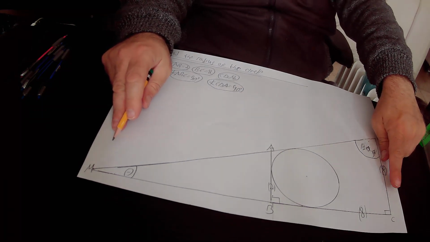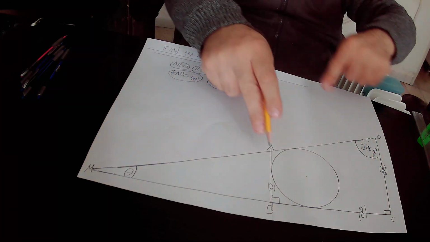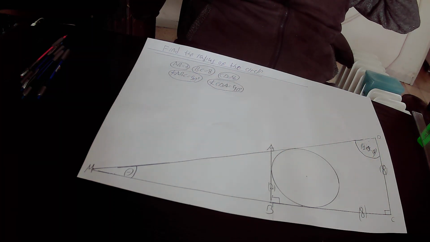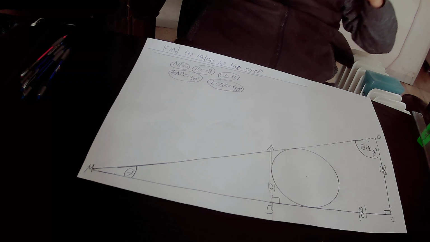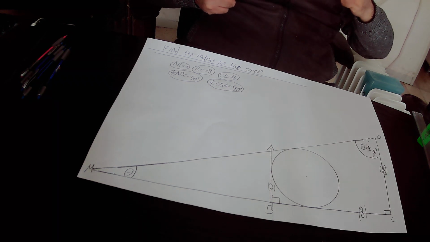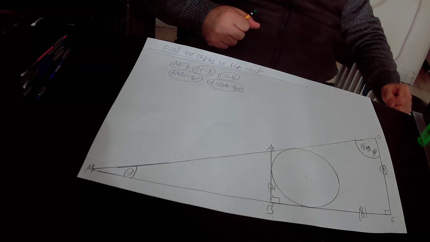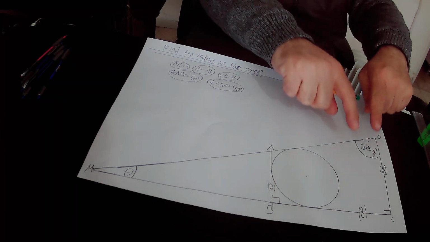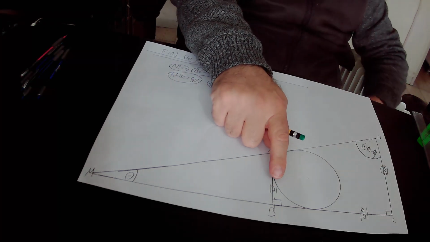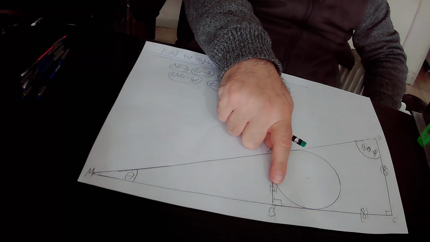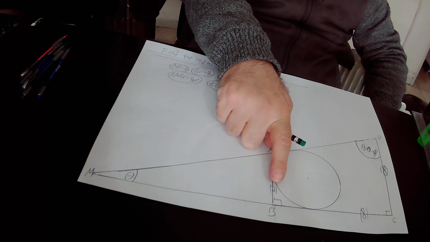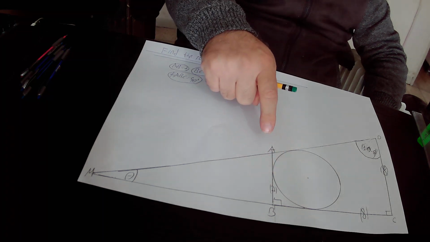If you focus on the upper side of the straight line CM at point B, here the sum of the angles must be equal to 180 degrees, according to the rule that the sum of the angles on one side of a straight line is equal to 180 degrees. So which angles do we have at the upper side of CM at point B? We have this angle that is a right angle, equal to 90 degrees, plus the missing angle that is actually angle ABM.